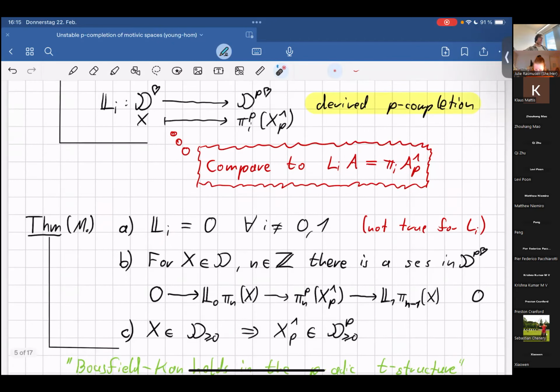So in particular, you get this part C here. If you start with something connective in a normal T structure, then the P completion will be connective in the p-adic T structure.